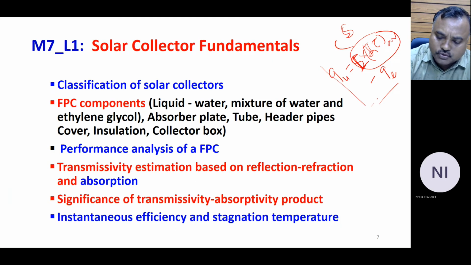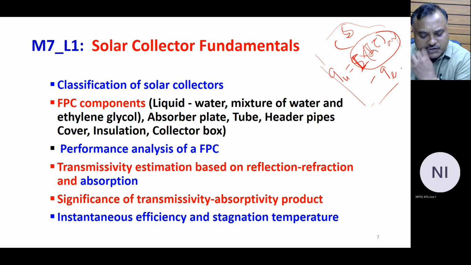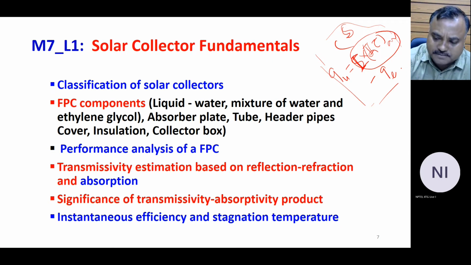Okay, so by knowing this energy balance, we can calculate the stagnation temperature. That means when we are not collecting the heated water throughout the day, then under that condition, we can achieve the maximum temperature.